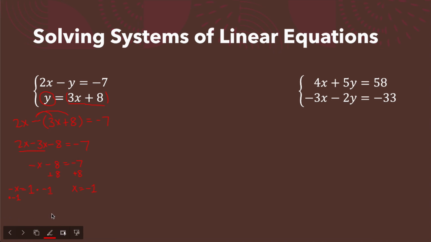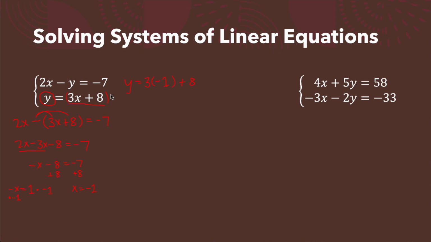Now let's solve for y. I'm going to choose to solve for y in the second equation since y is already isolated here and I wouldn't need to isolate it. So y is equal to 3 times -1 plus 8. If you prefer, you can choose the first equation.